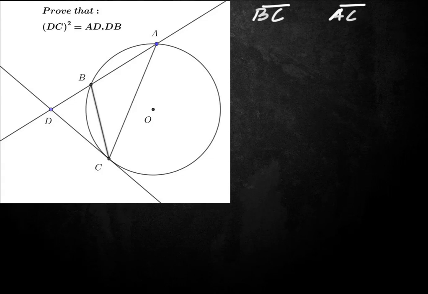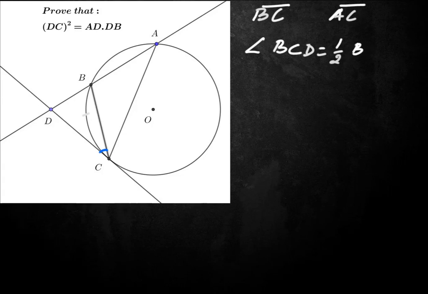If we look at the angles of these triangles, we can have some relations. We know that angle at C for the small triangle, angle DCB or BCD, is equal to half of the intercepted arc BC, correct?